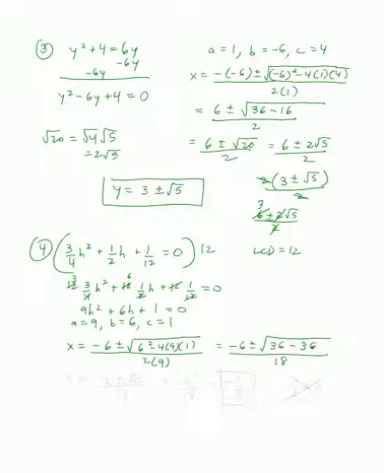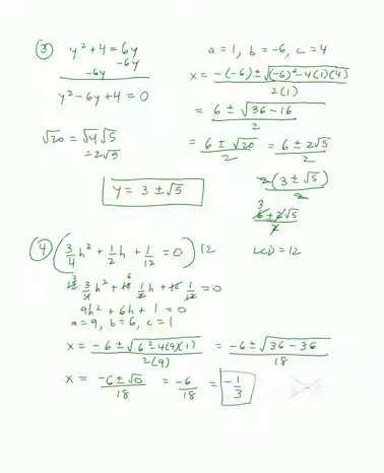But 36 minus 36 is 0. So I get x equals negative 6 plus or minus root 0 over 18. But root 0 is just 0. I get negative 6 plus or minus 0, so that's just negative 6 over 18, which is negative 1/3.